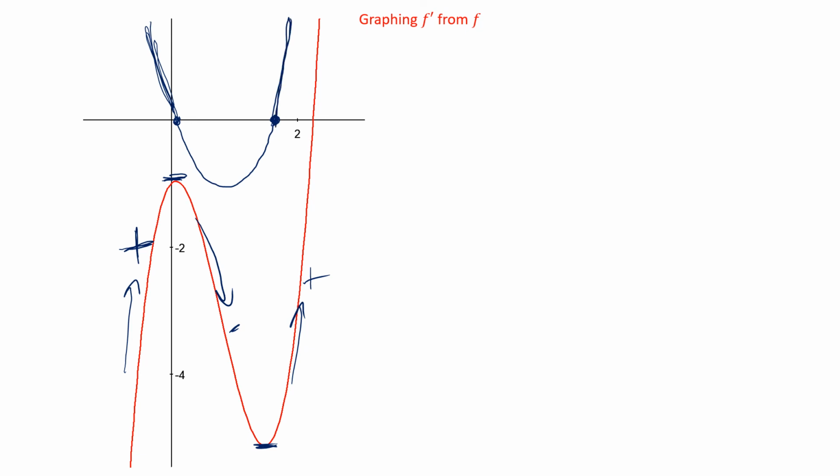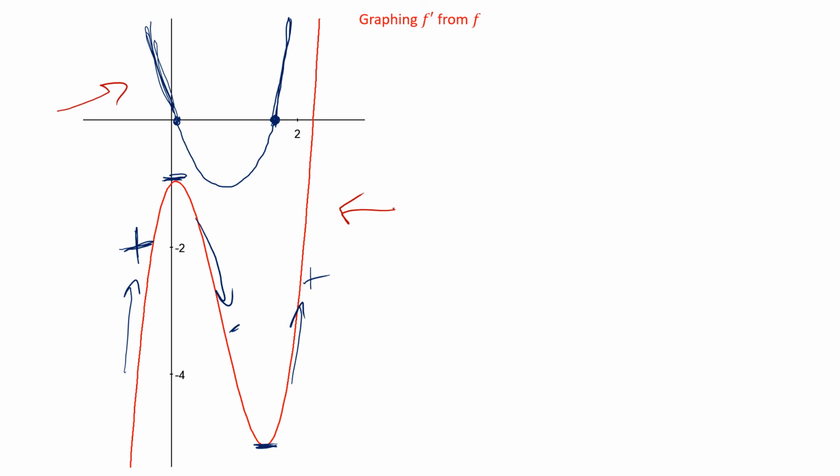As we saw in the first slide, we found the derivative of x cubed, and we saw that it was 3x squared. This red one here is a cubic function. The answer, or the derivative that we just graphed, is a quadratic function. So that matches with what we saw earlier.